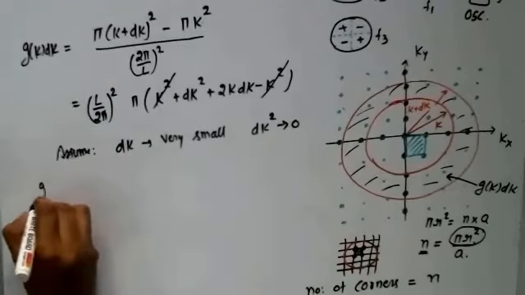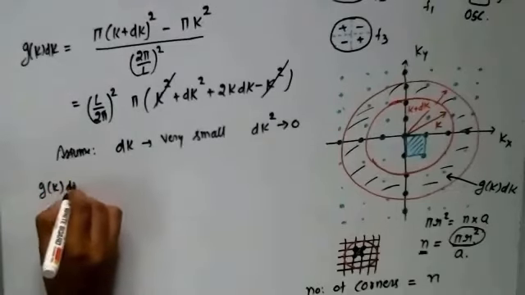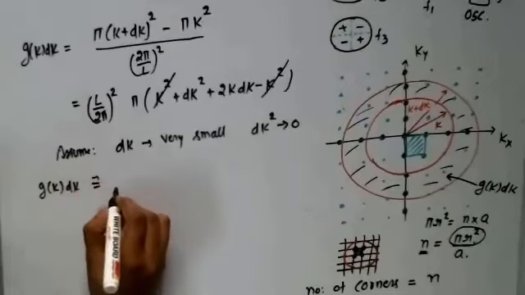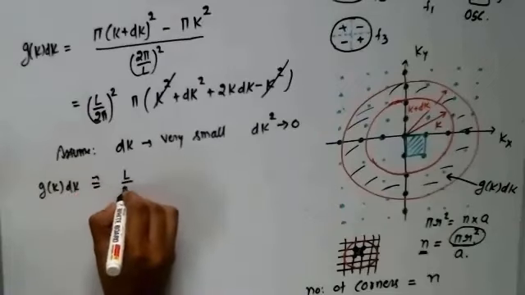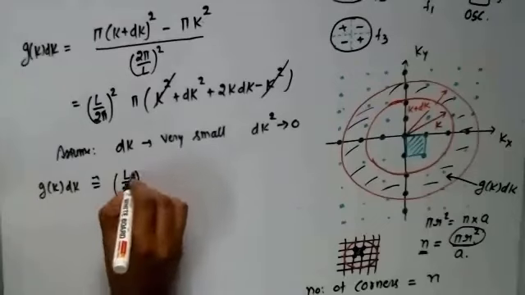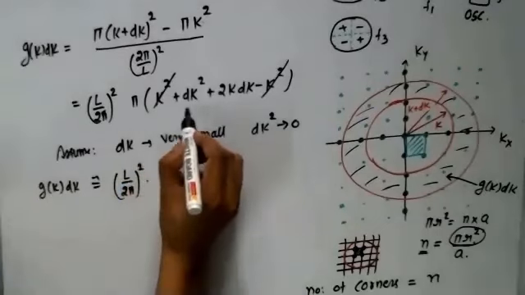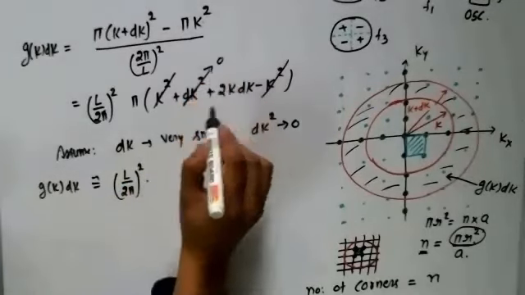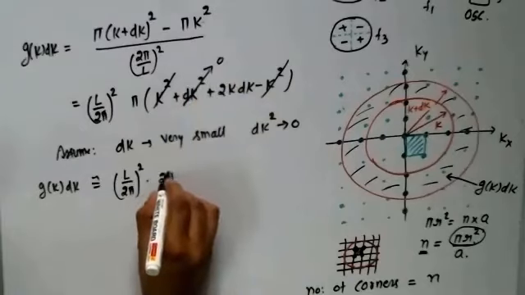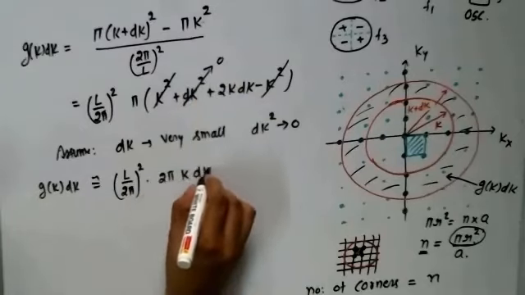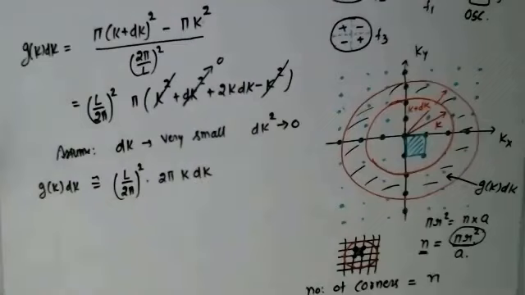So in that case, this gk dk approximately becomes (L upon 2 pi) whole square. Now this term becomes 0. तो क्या बन जाएगा? 2 pi k into dk. Is this clear? The formula of gk dk in 2 dimension.